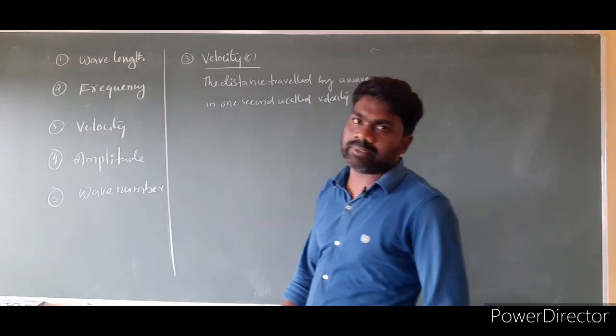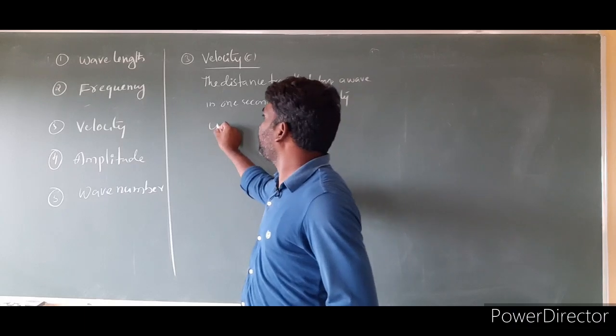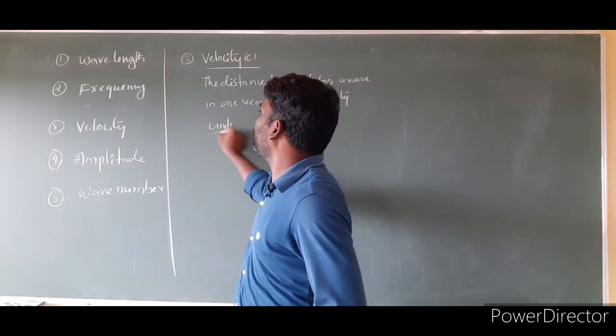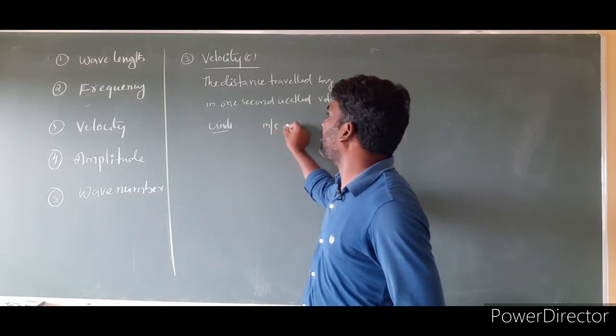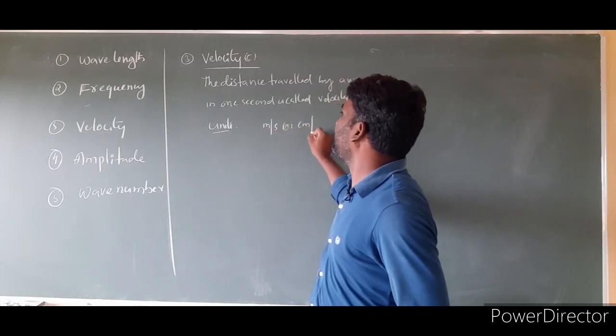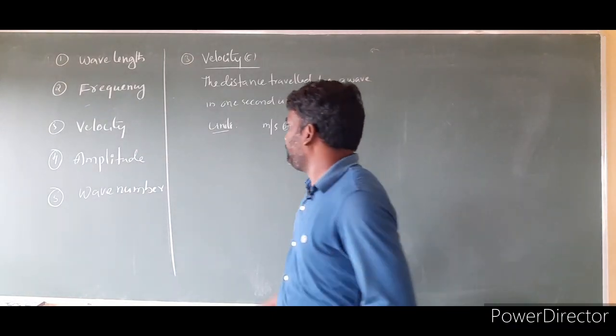It is denoted by the letter c. The units of velocity: the velocity is measured in terms of meter per second or centimeter per second.